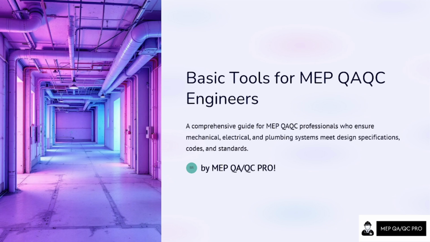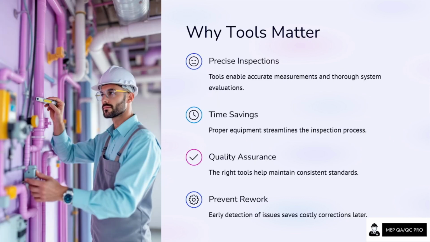In my previous video, I already shared what the codes and standards are which have to be used at site and followed by the QAQC engineer, and how they can be implemented. I would like to request you to go to that video and check it, and I will link it here so that you can easily get it.